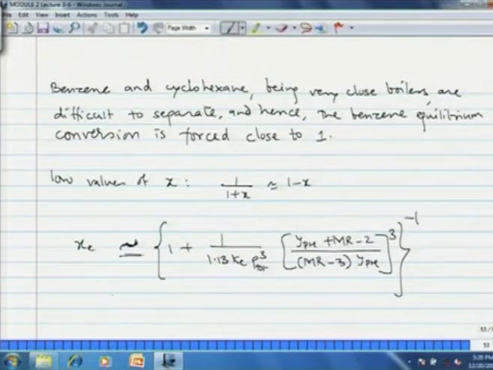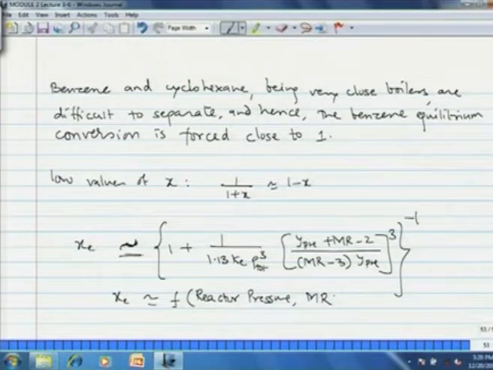If we try to identify from this the design variables that affect equilibrium conversion, we can see that equilibrium conversion is a function of reactor pressure and molar ratio, and of course, the temperature. Now, hydrogenation reactions are exothermic reactions. So, if you decrease temperature, obviously the conversion goes up, but temperature we have not introduced in our analysis.